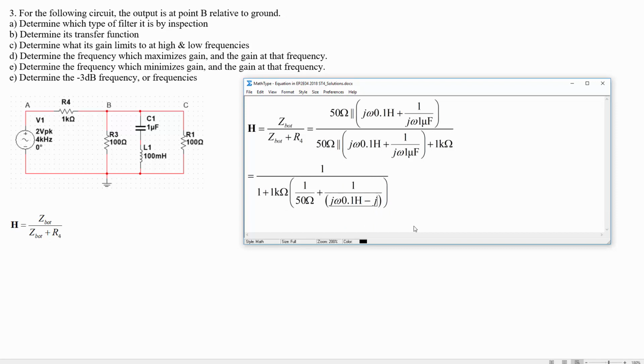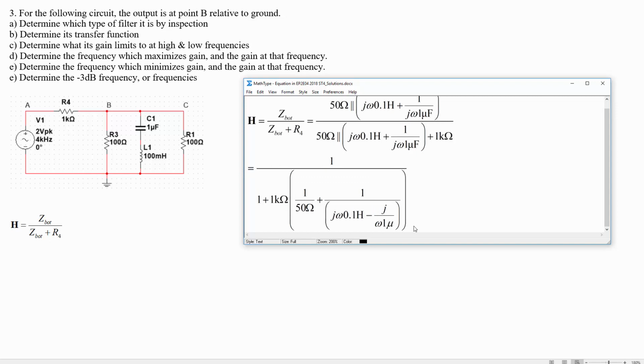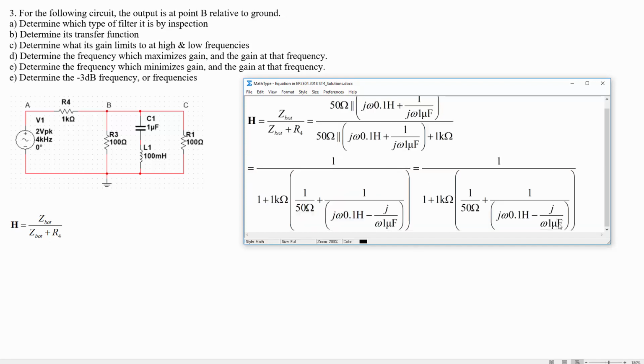j times 1 over omega 1 microfarad. Okay, so let's see then. We could take the 1K through, 1 kilo ohm over 50, and that's a 1K up there as well. And 1 divided by 100 would be 10, so 1 divided by 50 would be 20.